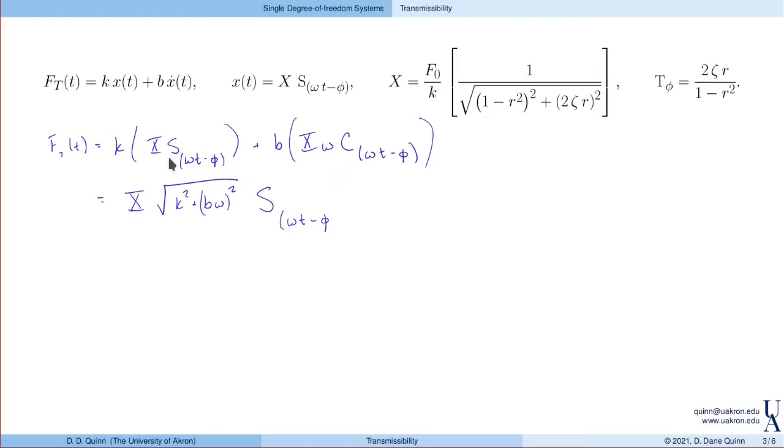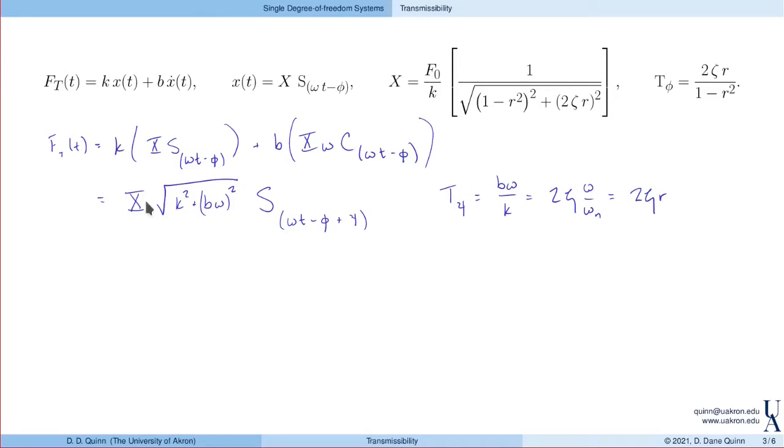And then we have an additional phase shift because, again, we have a sine and a cosine. So we'll call that phase shift, I don't know, let's call it psi. And here, psi is b omega divided by k, which it turns out that if you write this in terms of our system parameters, it's 2 zeta omega over omega n, or 2 zeta r. So again, this phase shift is related to the system frequency ratio and natural frequency.